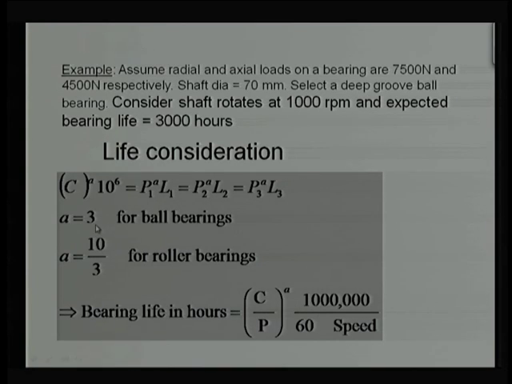For ball bearing, A is equal to 3, while for roller bearing, A is equal to 10/3, that means 3.33. That's slightly more than ball bearing, because we know a roller bearing can sustain slightly more load compared to a ball bearing. Same relation holds for the other loads.